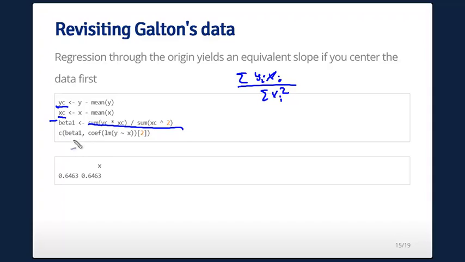I'm going to compare my slope, beta 1, 0.64, with the coefficient if I included an intercept, which again is 0.64. You see, the regression through the origin slope, having centered the data, is exactly the same as the slope you get if you were to fit an intercept and not demean the data first.